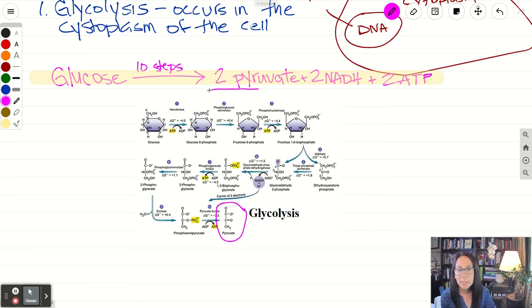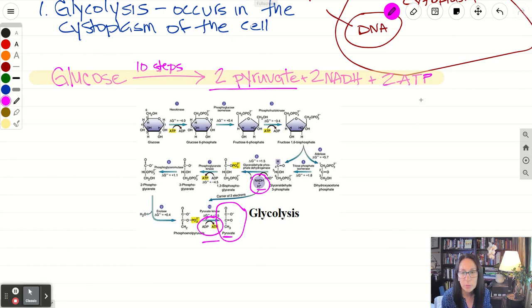And that's what I've written down here. There's going to be 2 of them. We have 2 NADH, and you can see here that 1 NADH is produced here. Because there are 2 of these pyruvates, you're going to end up with 2 NADH. So you're going to just double everything at this point. You're going to have 2 pyruvate, 2 NADH, and then you're making some ATP here.